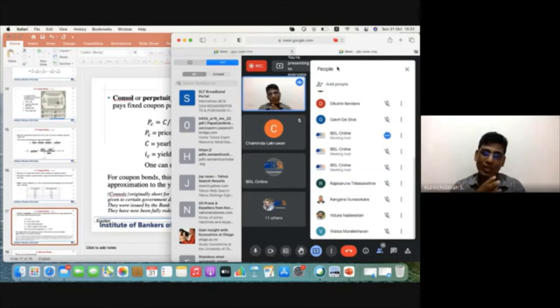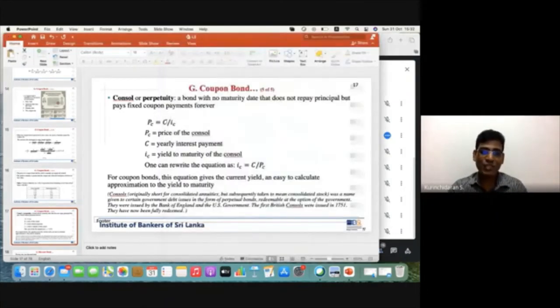We assume they will be paying annually. Maybe this is the dividend, lifelong, right? So if you take this lifelong dividend, here, see, I have said coupon, where you have to put dividend. And then if you put your yield to maturity, you will get a price.